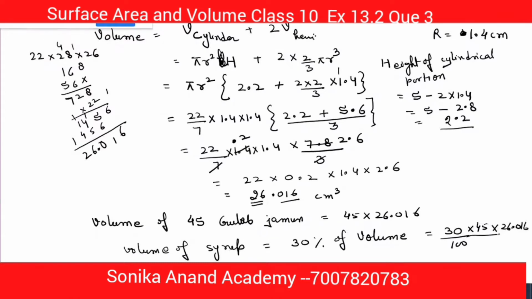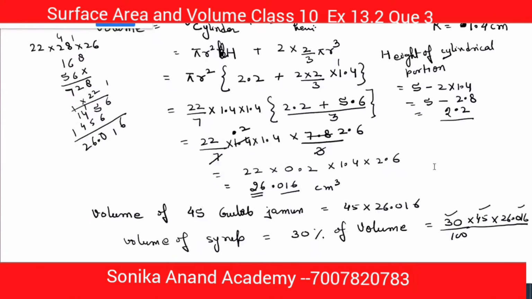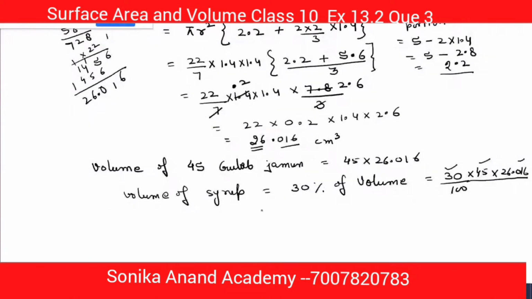Multiply them. You just multiply all these numbers simply. 30 into 45, just leave everything.